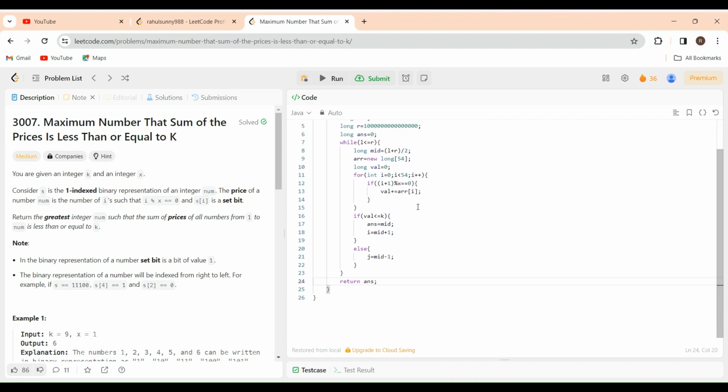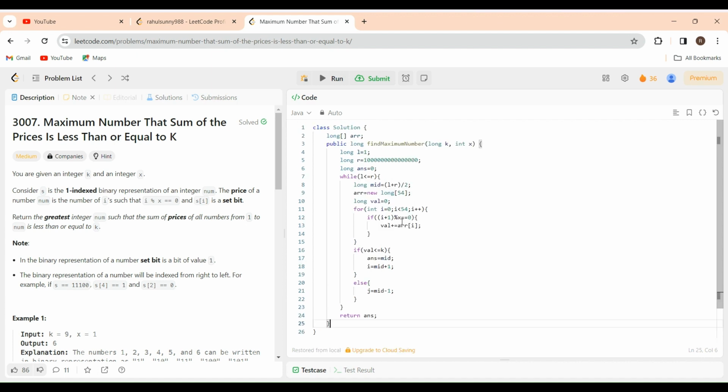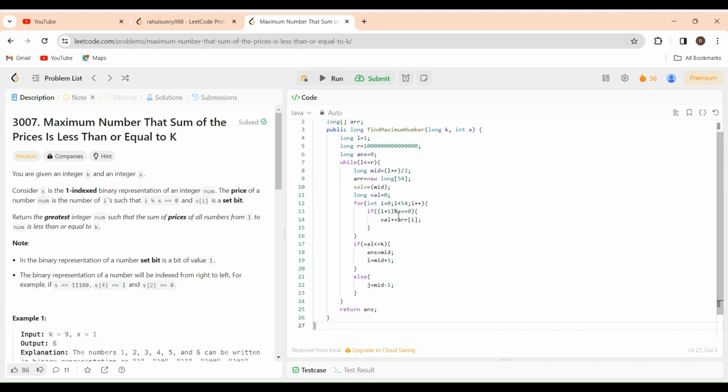Now the main step here. Before calculating all this, we need to call the solve function here, which takes mid as a parameter and calculates the number of set bits in an array, which calculates the price of the number.